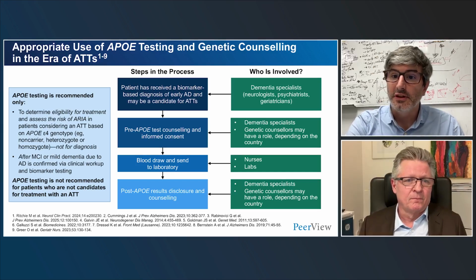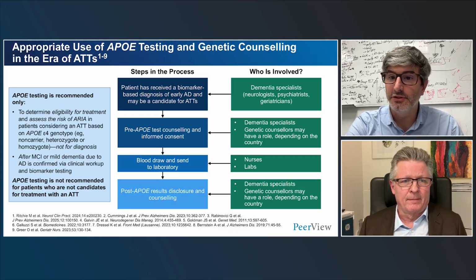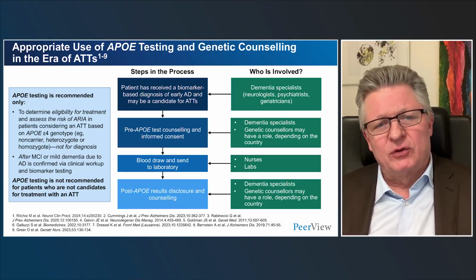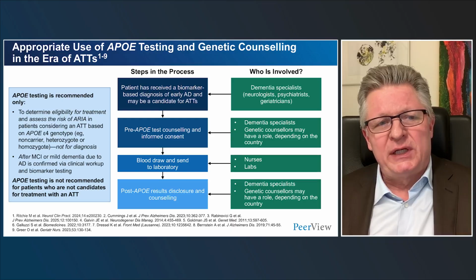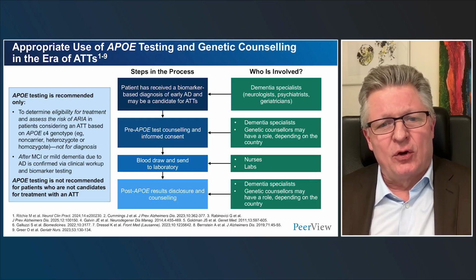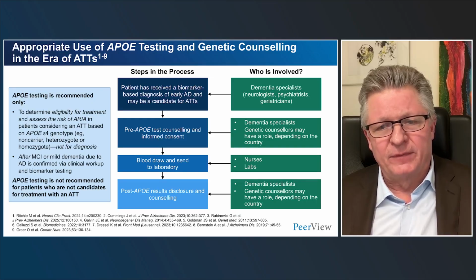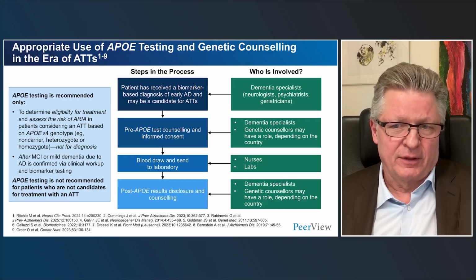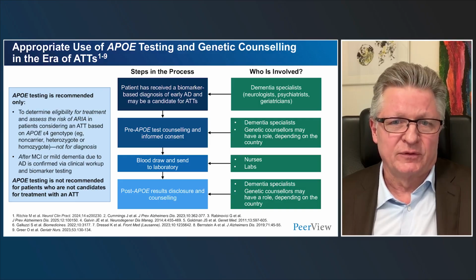It's usually the neurologist or the primary physician that is informing about the genetic results. Okay. One thing I would like to add here is that APOE testing is not recommended if a person does not qualify for the treatment, because it's not part of the standard diagnostic procedure in Alzheimer's disease.